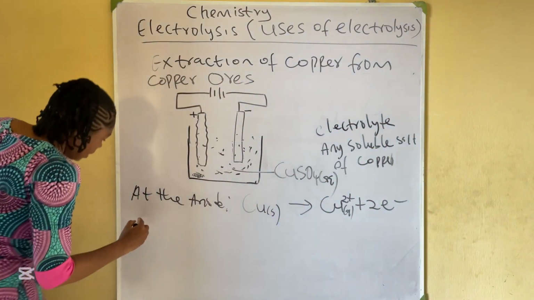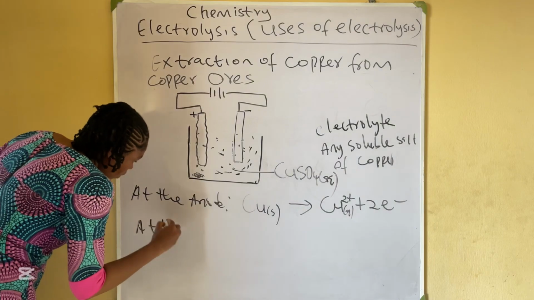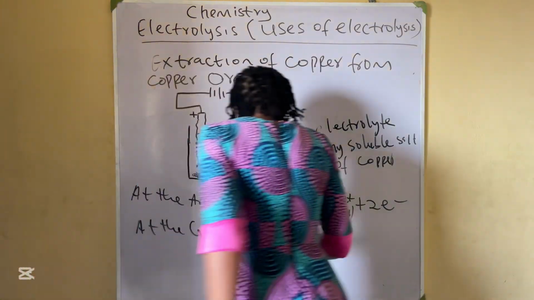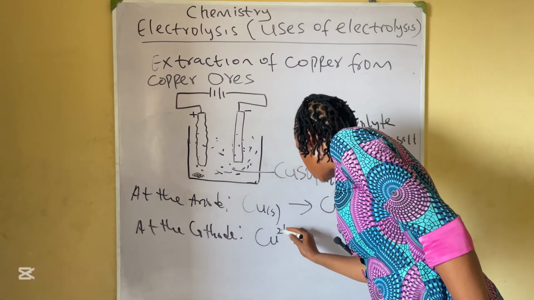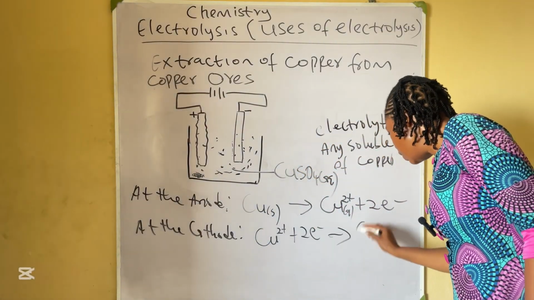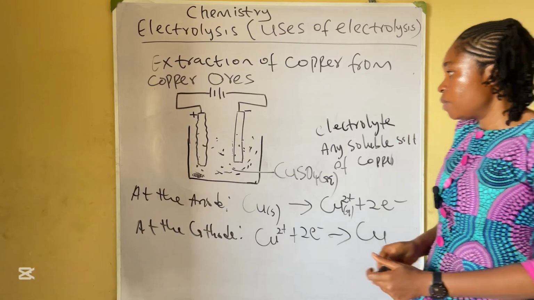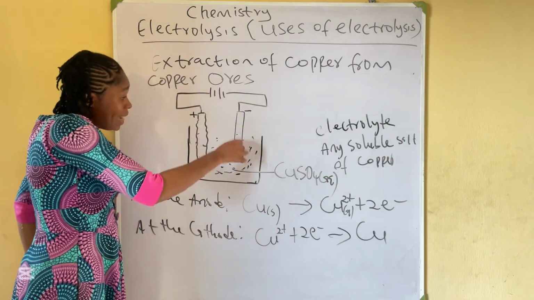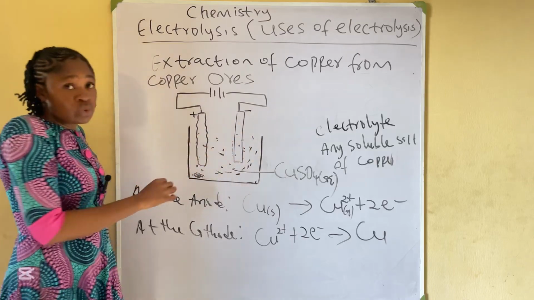Let me write the one at the cathode. At the cathode, the copper(II) ion in the solution will accept 2 electrons from the cathode and become deposited as copper. What happens to the mass of the cathode and the anode?